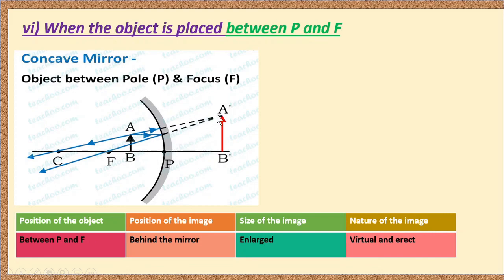Reflected rays intersect behind the mirror. Here we are getting the virtual erect image. Virtual means not real. We cannot get it on the screen. Highly enlarged image we are getting when the object is placed between pole of the mirror and the principal focus.